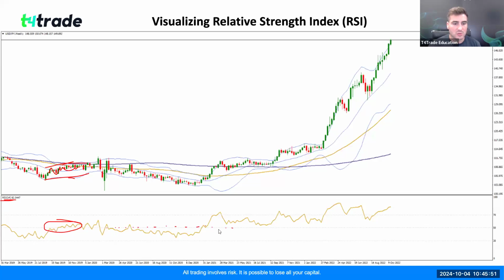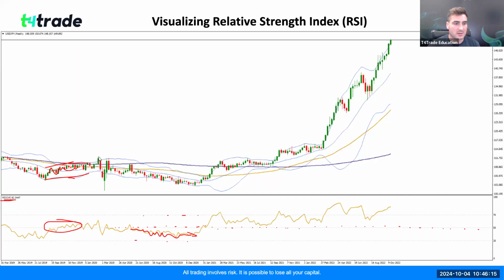So areas between 30 and 50 are considered to be territory of the bears, whereas 50 and 70 is territory of the bulls. So if you see RSI values between these two bounds, which in this case is the RSI value here, okay? So it's within the sellers' territory.